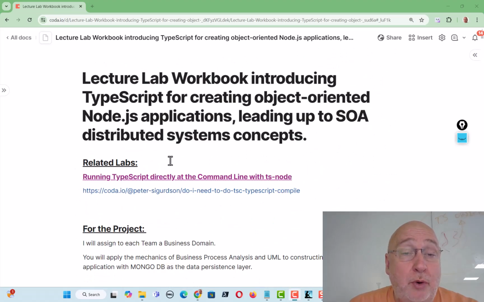So now on the basis of our previous lecture, the reason why I said all that stuff was so you would understand why we need object-oriented TypeScript. Because unified process needs to work with an object-oriented language. It cannot work with an imperative language like Python or JavaScript.